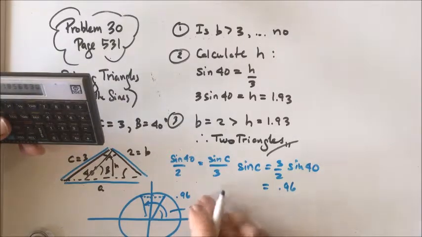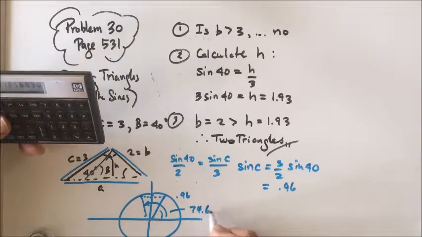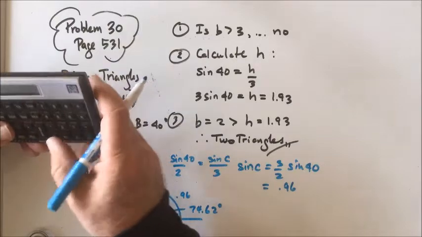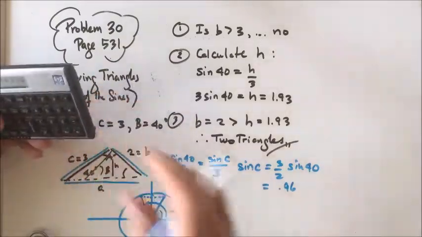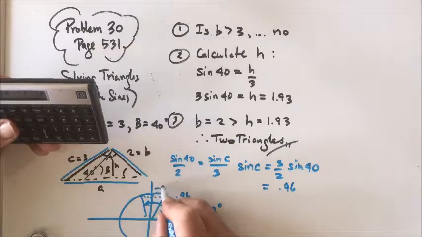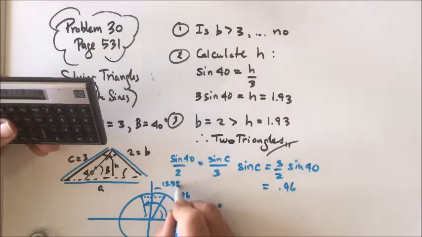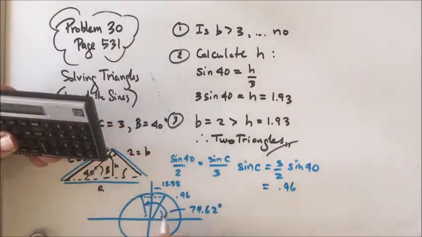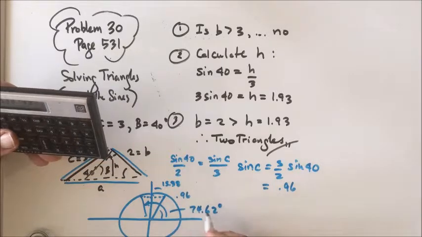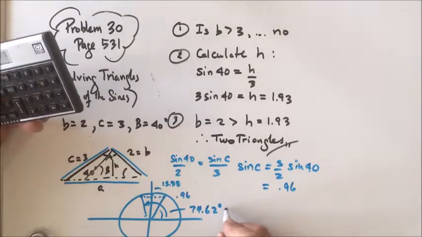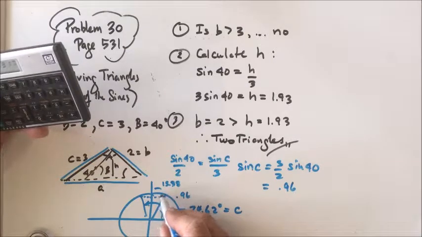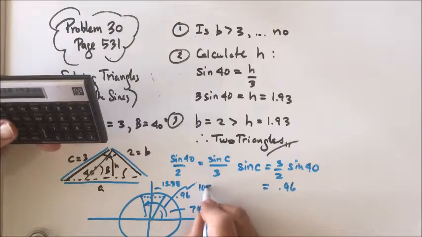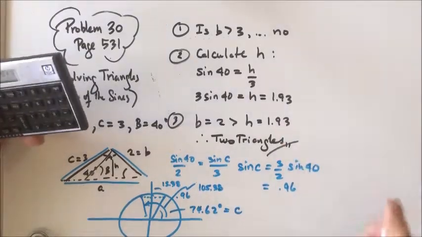Let's get a little more accurate. This angle is 74.62 degrees. If I subtract that from 90, this angle is 15.38 degrees, and if I add that to 90, this is my first value of angle C, and here's my second value of angle C, 105.38.